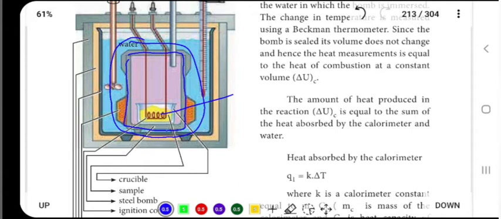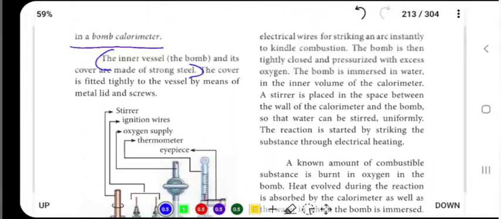Now I will explain one by one. First point, the inner vessel and its cover are made of strong steel. Second point, the cover is fitted tightly to the vessel by means of a metal lid and screws.